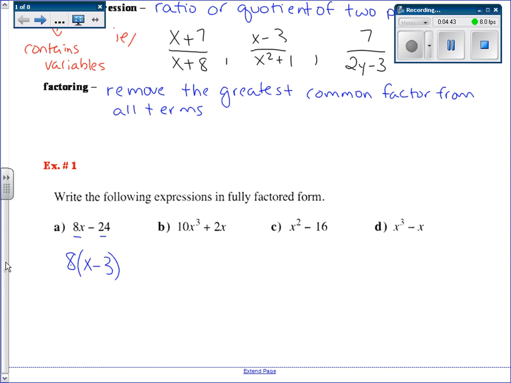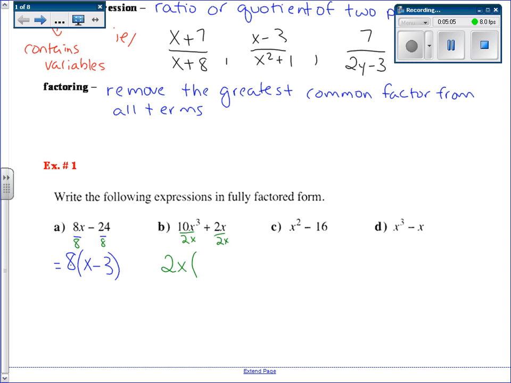For part B, we have 10x cubed plus 2x. The biggest number that divides evenly out of 10 and 2 is 2. And then we have x to the 3 and x, so we can take out an x. Then we divide this by 2x, and divide this by 2x, because that's basically what you're doing. Over here, we divided by 8.